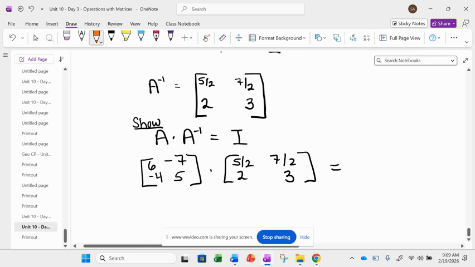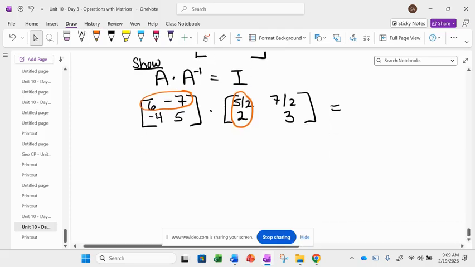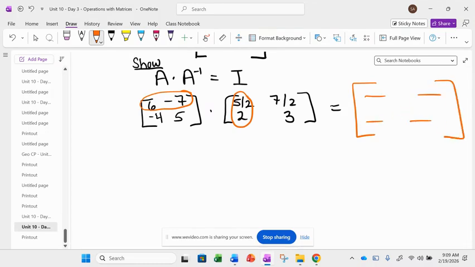Okay, so let's do this. We're going to take the first row times the first column. We have a 2 by 2 times a 2 by 2. We're going to get a 2 by 2. So I'm going to have 6 times 5 halves is going to be 15 plus, I probably should have left it as halves, shouldn't I have?